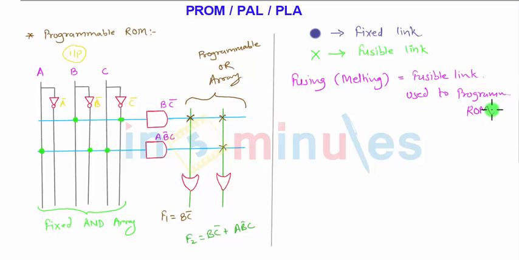Now how actually this works, suppose there are two lines. Now I want to make a fusible link here like this. This is the symbol what I have drawn here, it's a symbol, but actually there is a fuse in between these two lines which melts. If it melts, the connection is broken down.